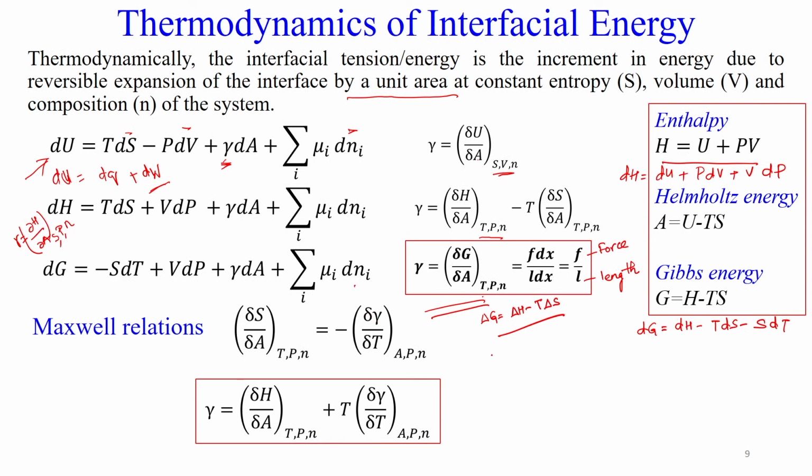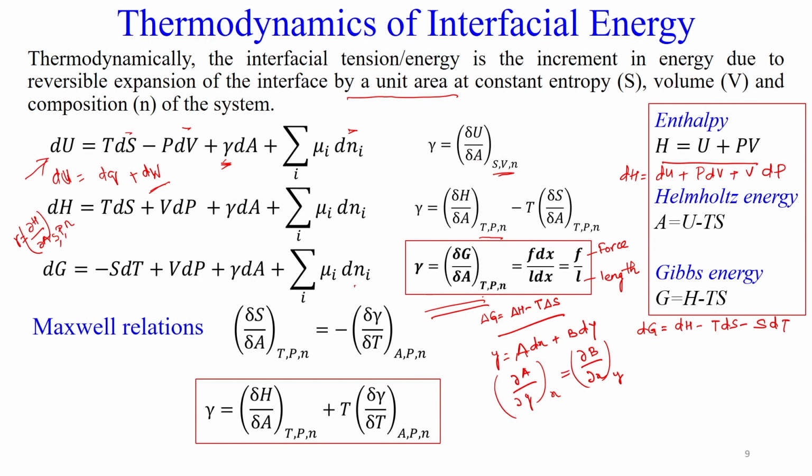So, what does the Maxwell relation say? For A into dx plus B into dy, we can write the partial derivative dou A upon dou y at constant x is equal to dou B upon dou x at constant y. So, this is how we write the Maxwell relation.